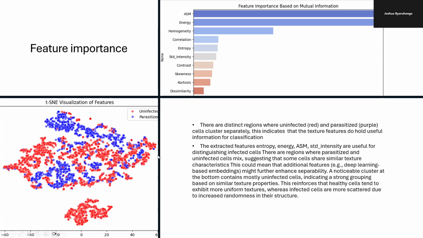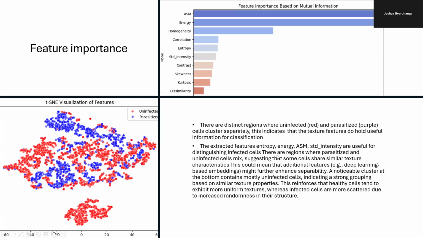So the extracted features such as entropy, energy, and ASM, plus standard deviation intensity, are very useful for distinguishing infected cells.